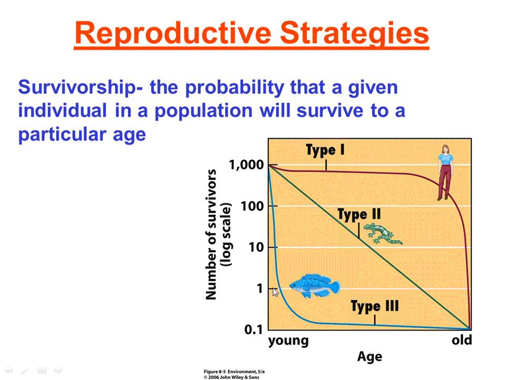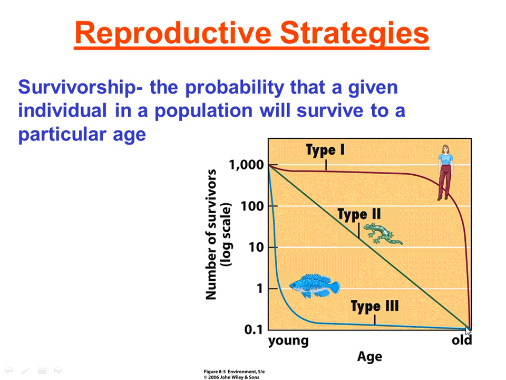Many aquatic organisms lay lots and lots of eggs, and then in the fish's larval stages, they're very small. They're likely to be eaten by predators, but once they get bigger and they go out into the ocean, then they're able to survive for a long period of time. So once they've grown into their mature size, they're able to survive for a long period of time.